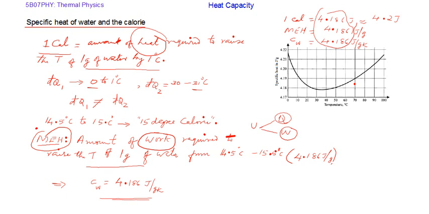And I hope you remember I told you that water has an anomalous behavior in terms of its density, and you will see that the density of water is maximum at 4 degrees Celsius. So accordingly there will be a similar change in the heat capacity also.